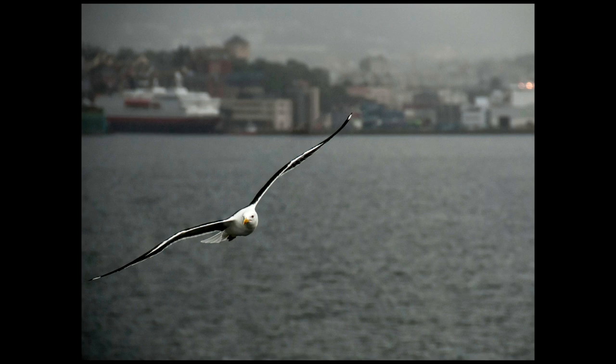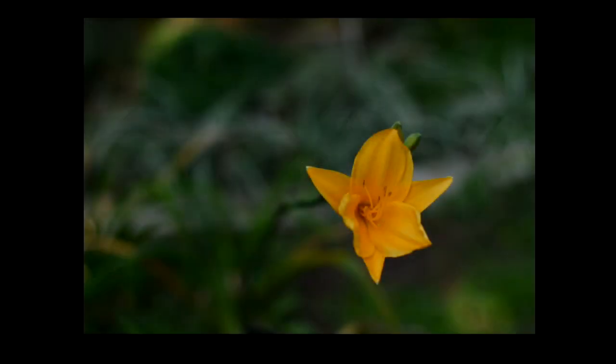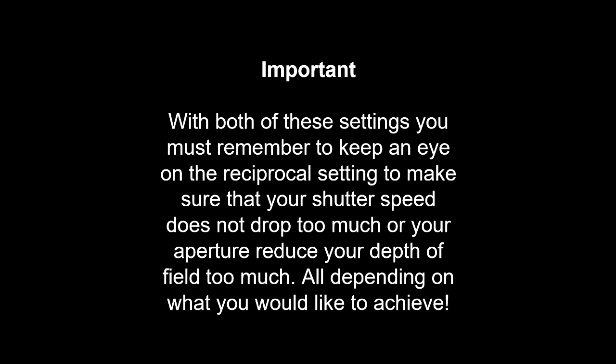So your first step when you're taking an image in aperture priority is you decide what you would like to be in focus and you set the aperture accordingly. Depth of field is a fantastic creative tool, which is why many photographers use aperture priority all the time, because it gives you instant control of the depth of field. Just like that, you just change the aperture and you get amazing depth of field.